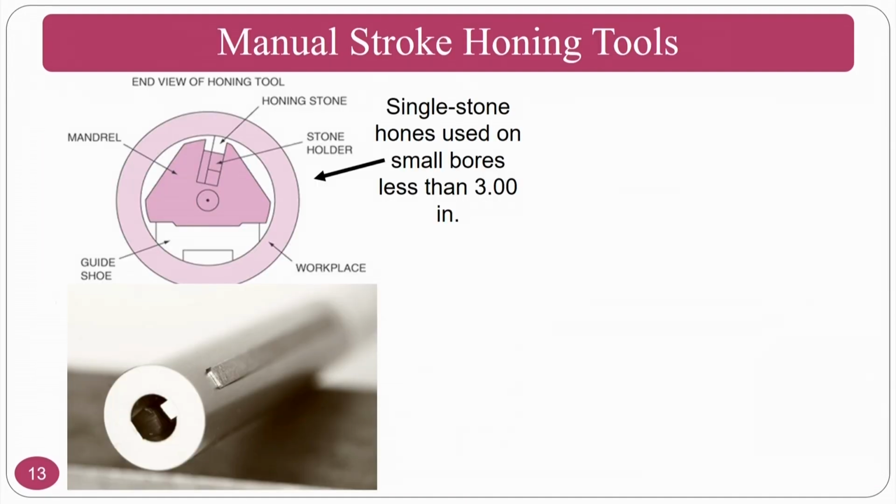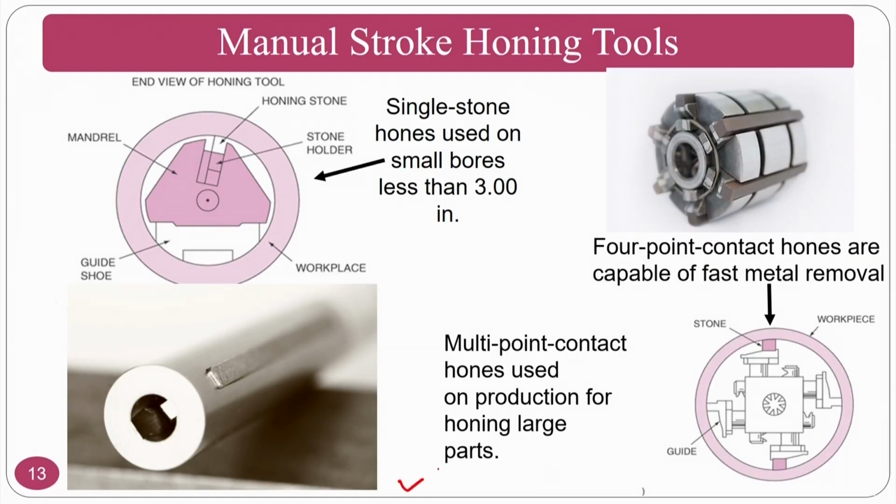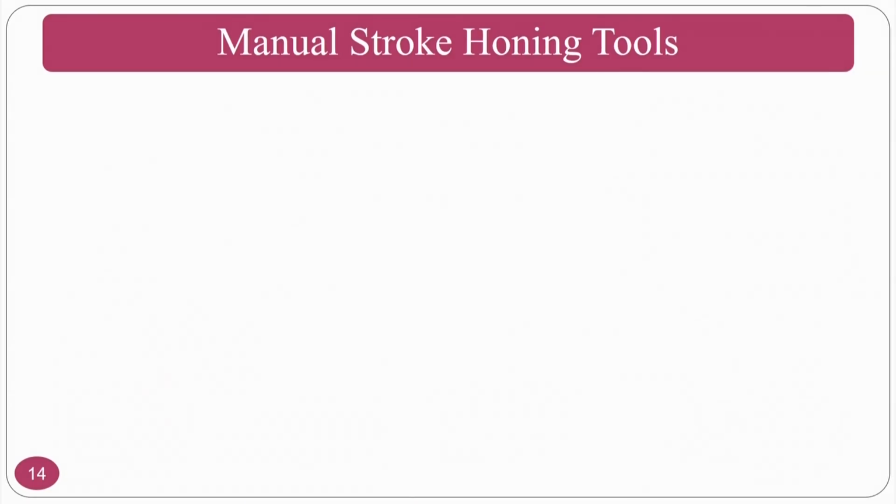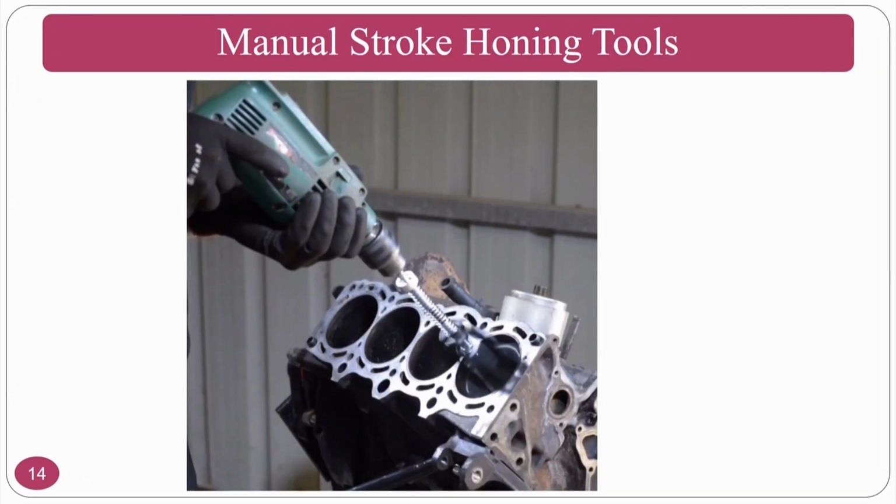If you see the manual stroking method, this type of things you can use. People will use drill type of things. If you can see here, the operator is using a drill type of thing, and manually he holds it; whenever he is giving a rotational motion, then he himself has to give reciprocation motion with his hand.